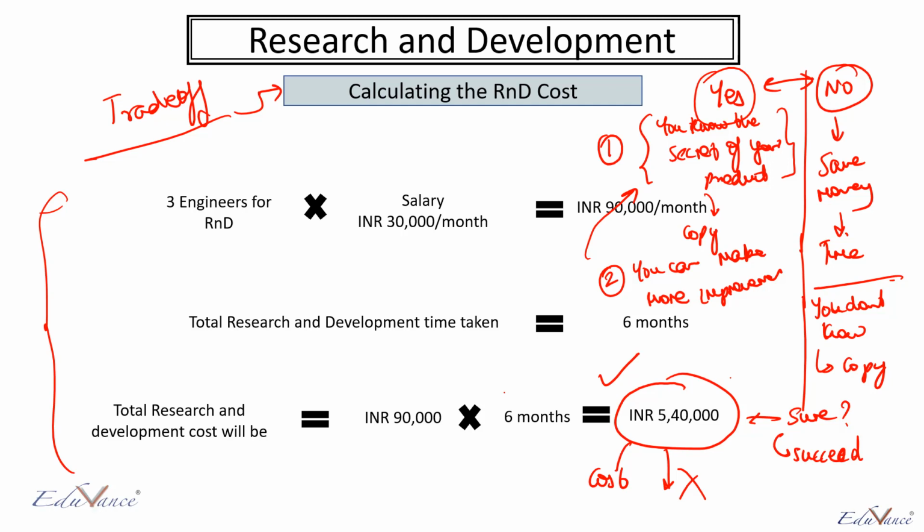Another very important advantage of doing R&D, now because you know the secret of the product and you know the improvements, you can also save on the cost of the product, versus if you decide to buy ready-made, if you don't do R&D and if you buy it ready-made, you cannot save on the cost of your product.